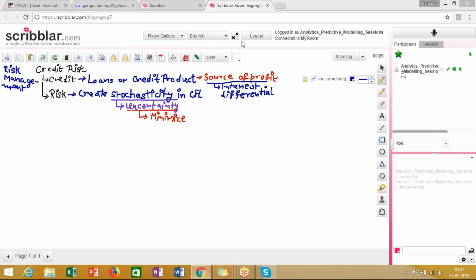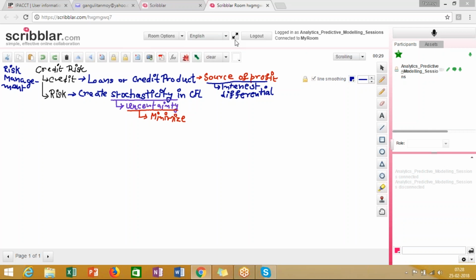That is something which is really very important for us, and that is where this entire concept of risk management or predictive modeling comes in. So it becomes very necessary to identify the borrower who is coming to take up the loan. And it is in this place where risk management strategies come in, right?